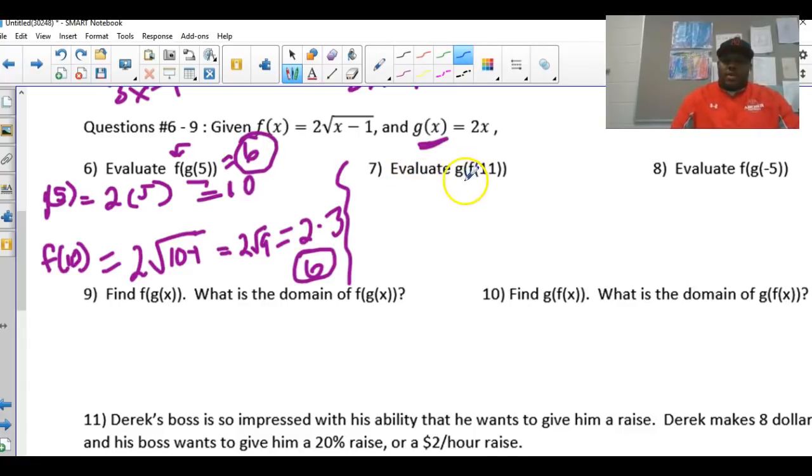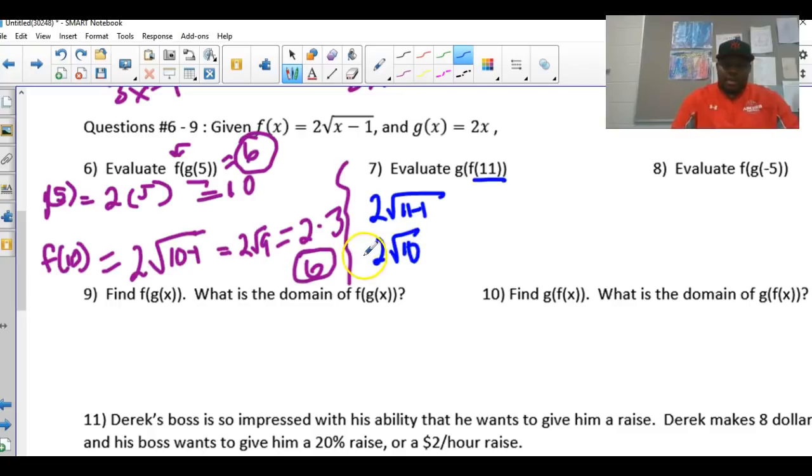For this next one, evaluate g of f of 11. We've got to plug f this time into g. I'm going to evaluate the internal one first, f of 11. So I have 2 times the square root of 11 minus 1. Well, 11 minus 1 is 10. So f of 11 is 2 square root of 10.